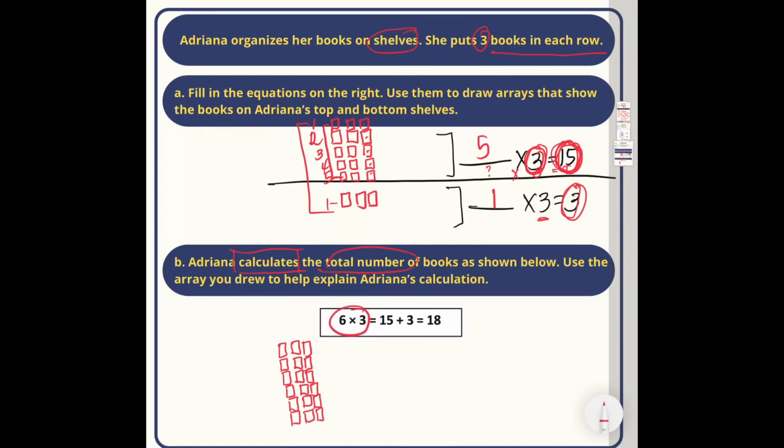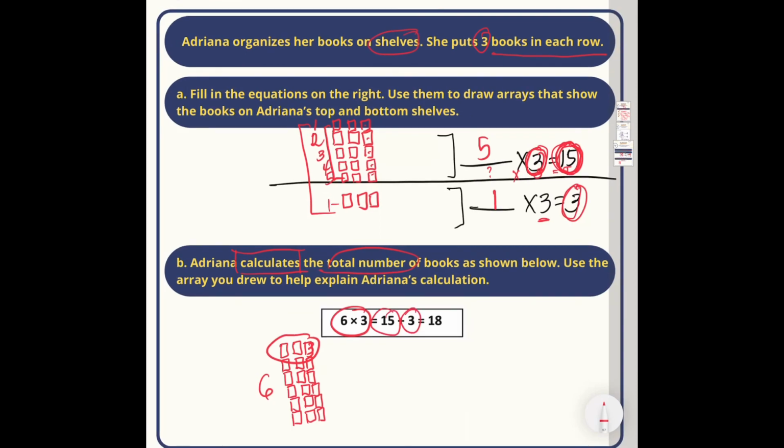And this actually matched this number sentence because this is 6 and we have 3 books in a row. How will it become 15 plus 3? And boys and girls, this 15 is right here and 3 is right here. And if you put it together, you add it, it's going to be 18. And that is this total right here. So basically, what we did here is we broke it apart by getting 5 rows first.